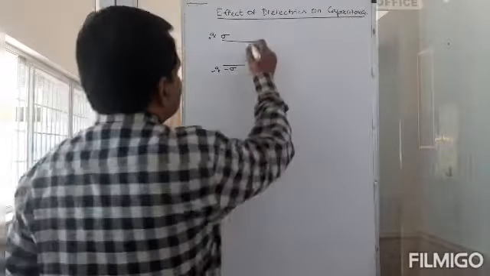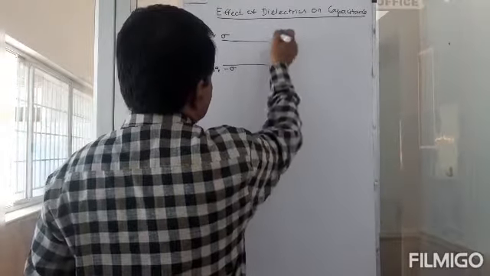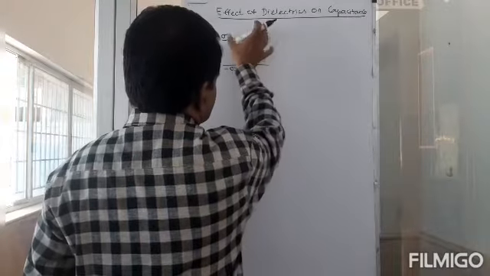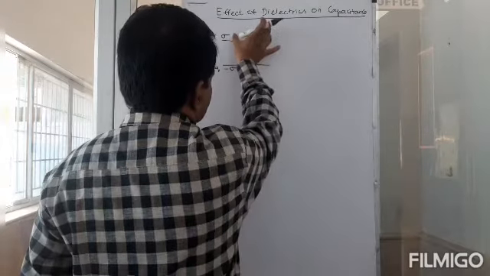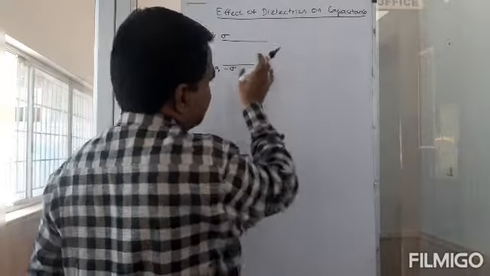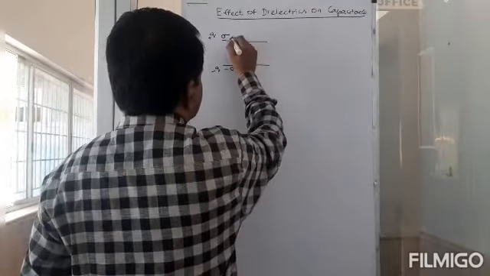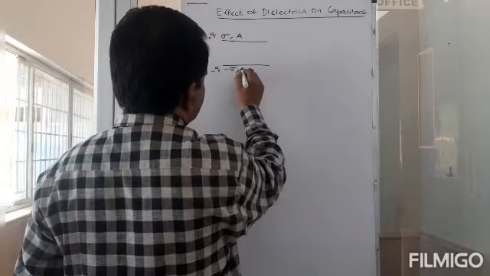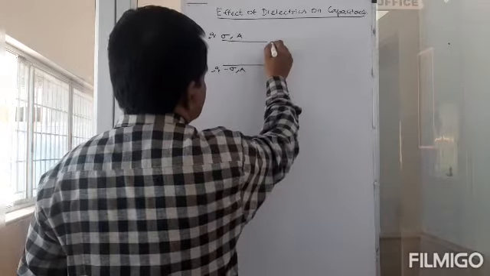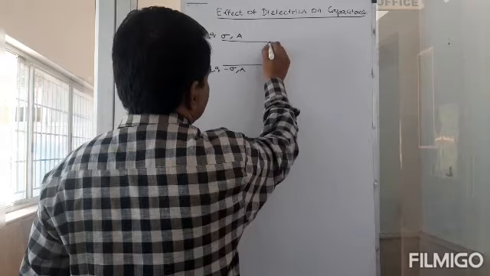And then there is an area for each plate. So you have area A here, area A here, and then there is this distance of separation between the two plates, which is D.